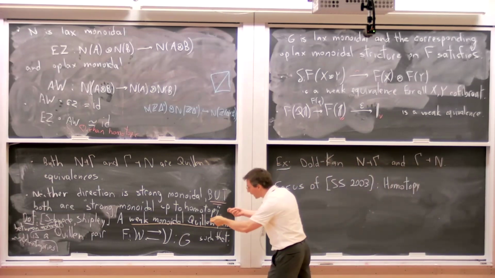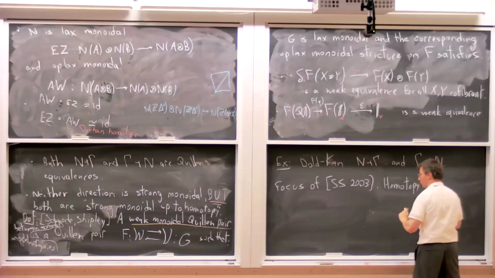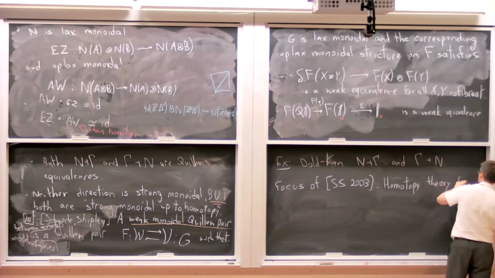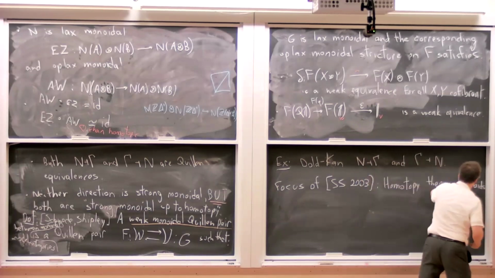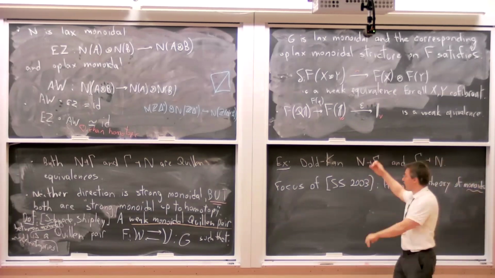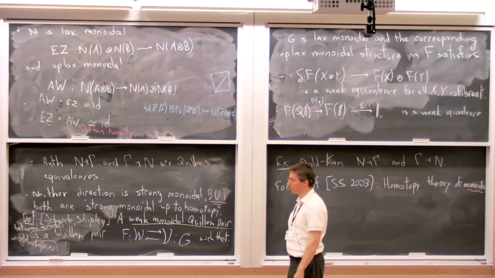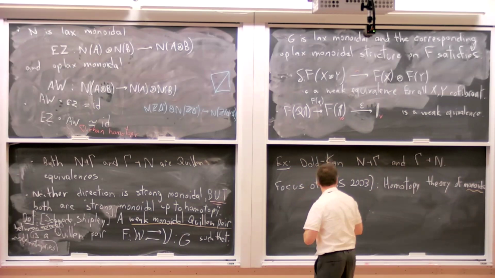They needed a monoid axiom to have a good homotopy theory of monoids, but that's not relevant to our purposes. In particular, in this motivational example of Dold-Kan, if you take monoids on both sides, what do you get? You get simplicial R-algebras versus DG algebras over R that are non-negatively graded.